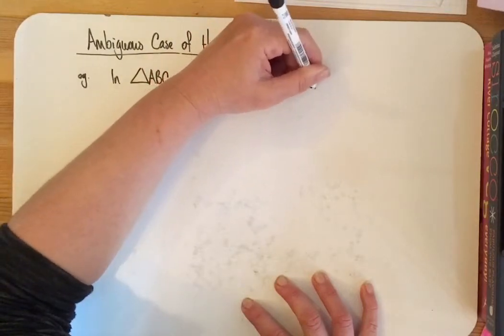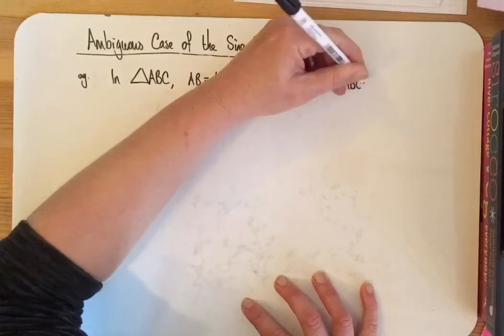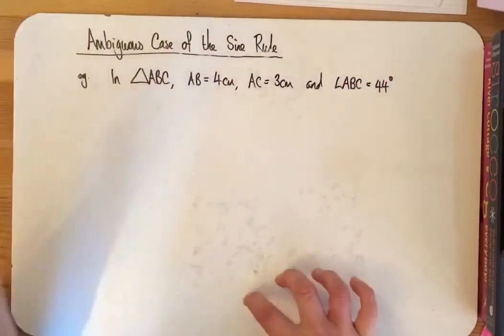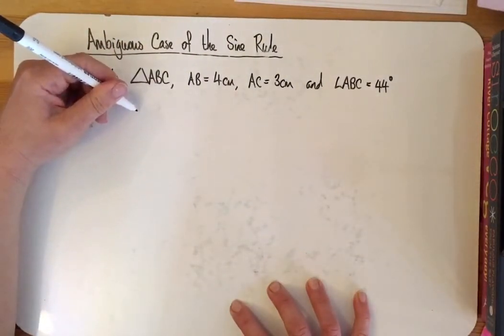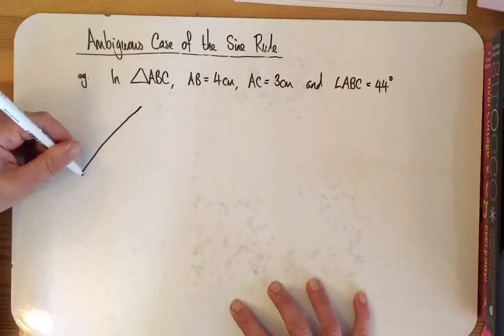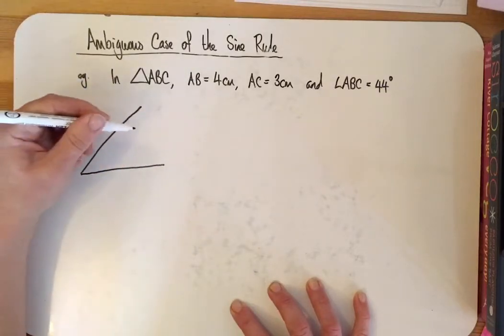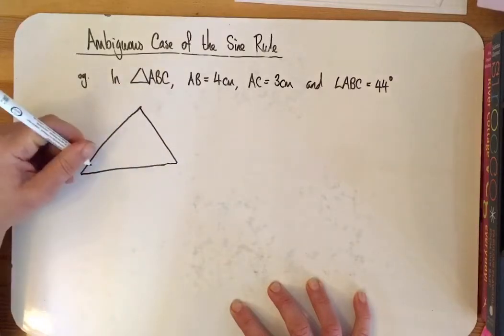And angle ABC is equal to 44 degrees. So drawing that, angle ABC is 44 degrees.